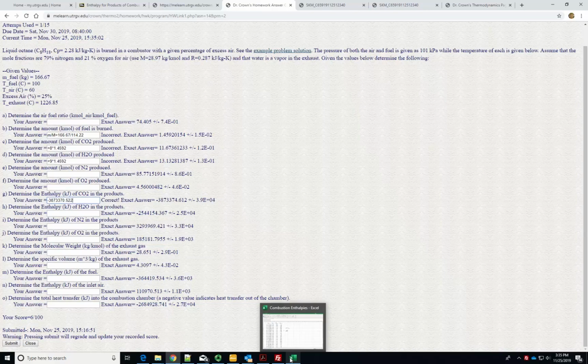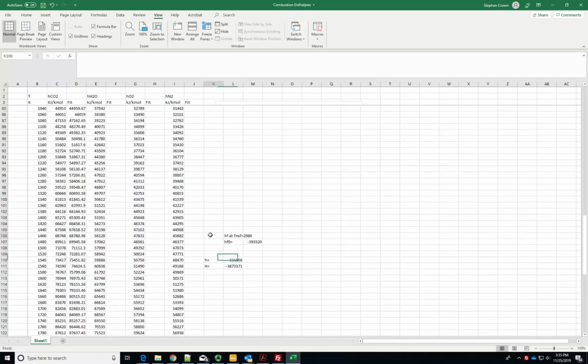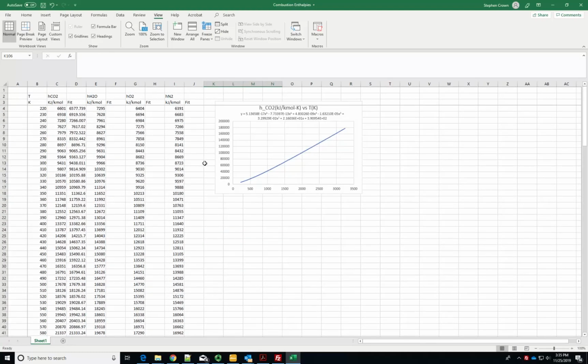Now, if you wanted to automate this process, what I've done here is at the top of the page, I've made a graph, and I've made a curve fit for the data.